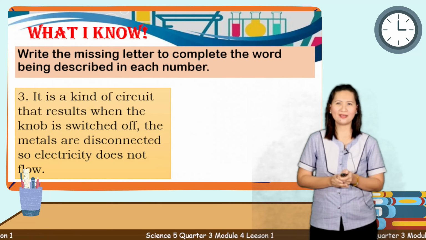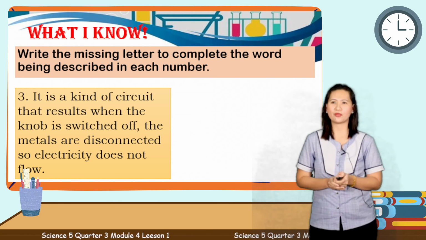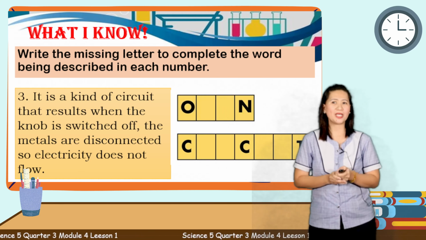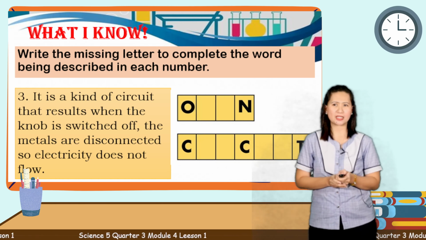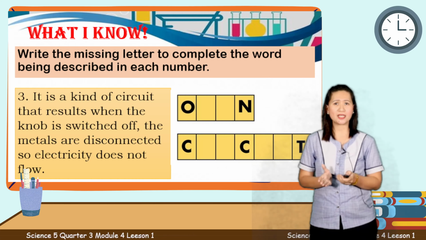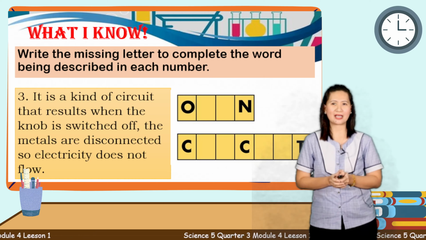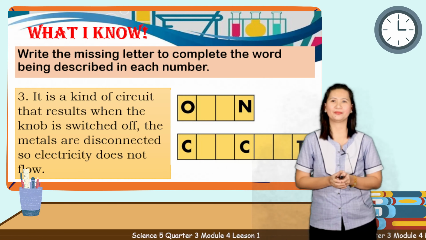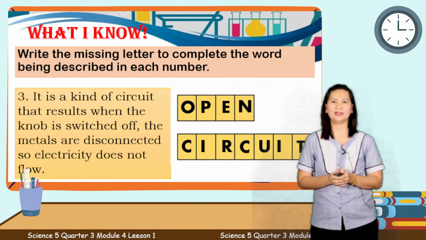Number 3. It is a kind of circuit that results when the knob is switched off. The metals are disconnected, so electricity does not flow. What do you think is the kind of circuit? We have open circuit.